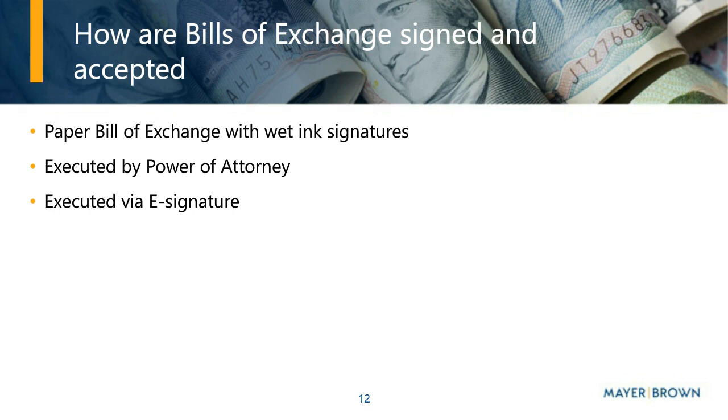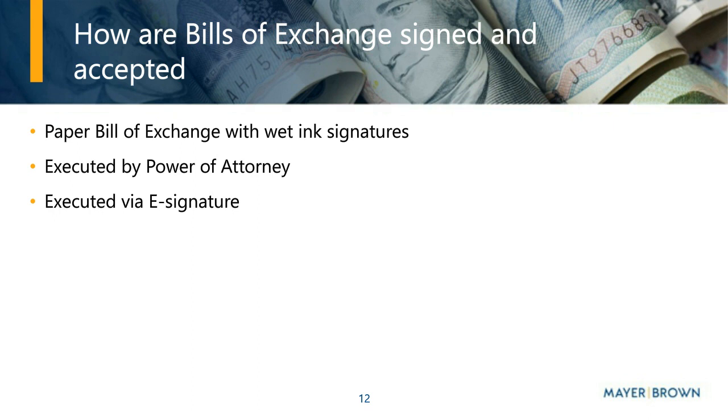That's been the case for many, many years, and goes back, I understand, as far back as the Middle Ages. Essentially, you sign the instrument, and it gets delivered to the ultimate purchaser or discounter of the instrument, and they hold it, and everything's well. Of course, that's incredibly time-consuming.